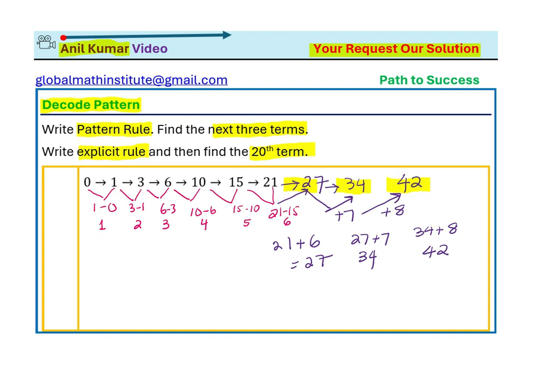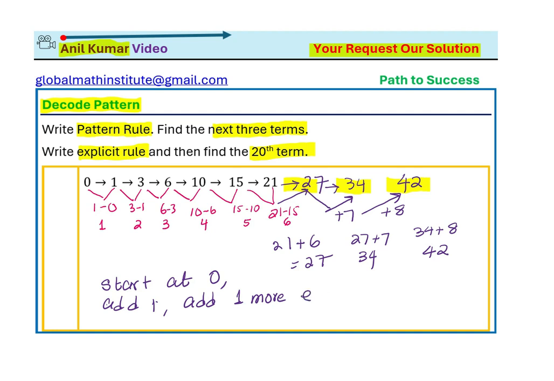So that is how we are going to continue with this pattern. Basically, if you have to describe this pattern, you could describe it as: start at 0, add 1, and then add one more each time, right?